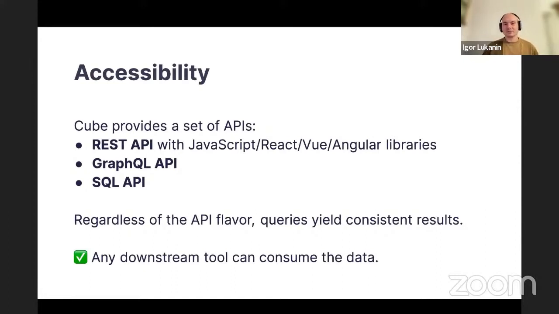Another option is to use a SQL API, which enables connectivity to different BI tools and data notebooks as well. The good thing is that regardless of the API choice, or you might be using all API flavors at once, you may be using just one of them, you're able to declaratively query the desired set of measures and dimensions and get the same data, right?